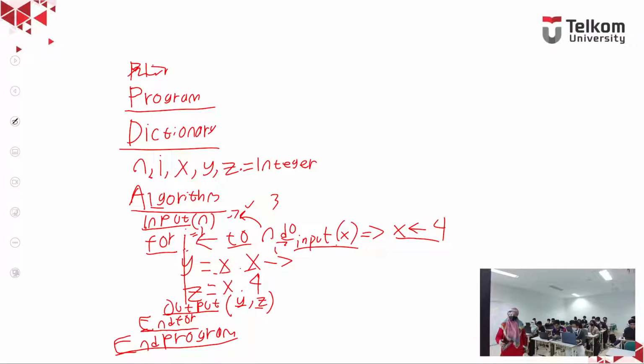Okay. And then after that, for the loop block, there is no other action that should be executed. And outside the loop block, is there any action that should be executed? No? Okay, if no, then you can go to end program. Okay, is there any question?